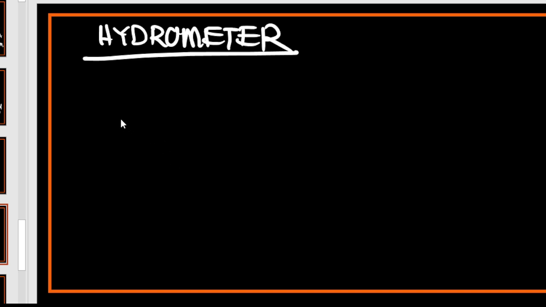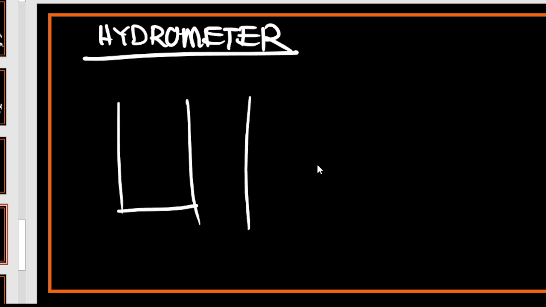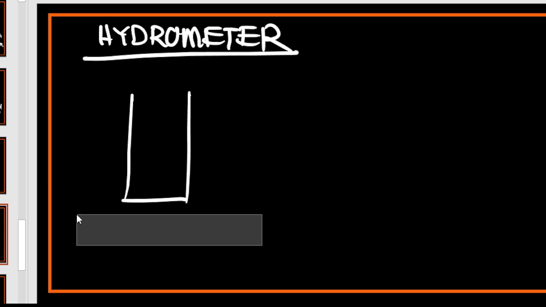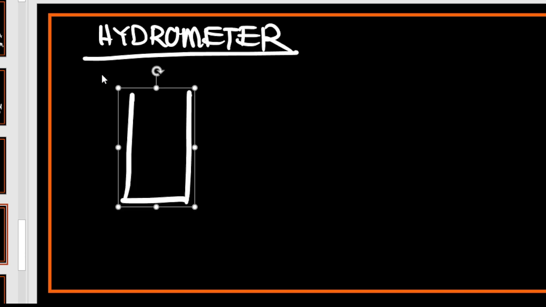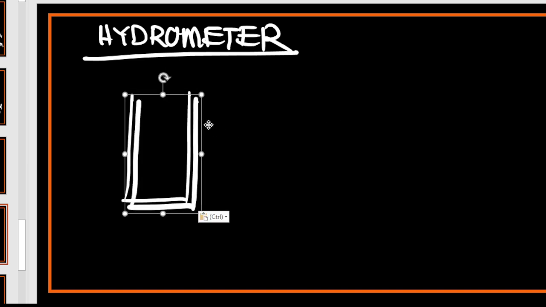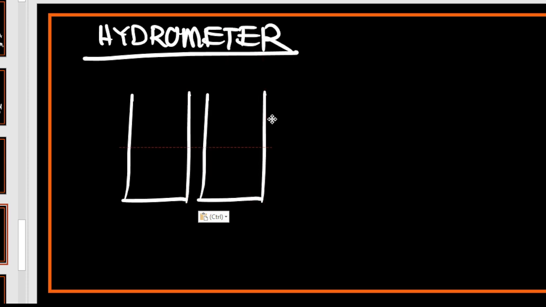Imagine you have 2 containers. Let me do it this way. We have a container of a certain size, and exactly the same container was used elsewhere. So let's duplicate that so that we can have regularity.